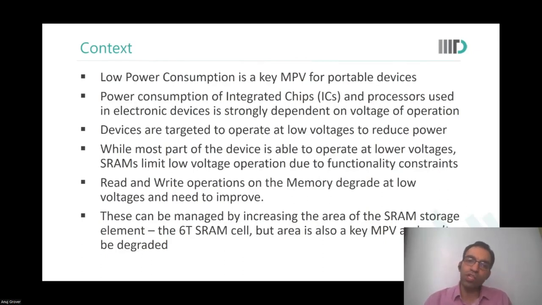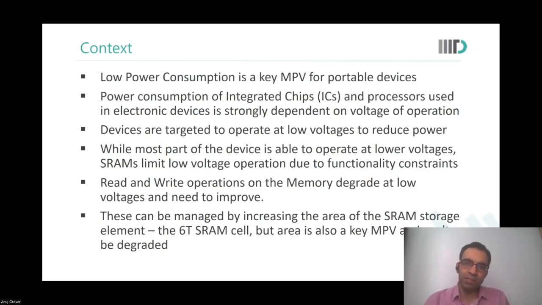Now, to reduce the voltage of operation of ICs, typically the functionality of regular digital circuits that you have studied is not impacted. However, some circuits like SRAMs get impacted.